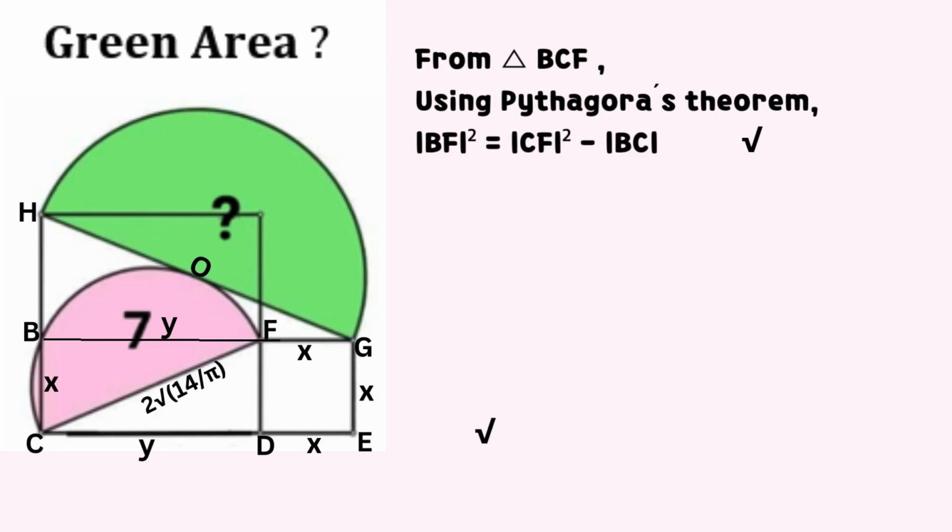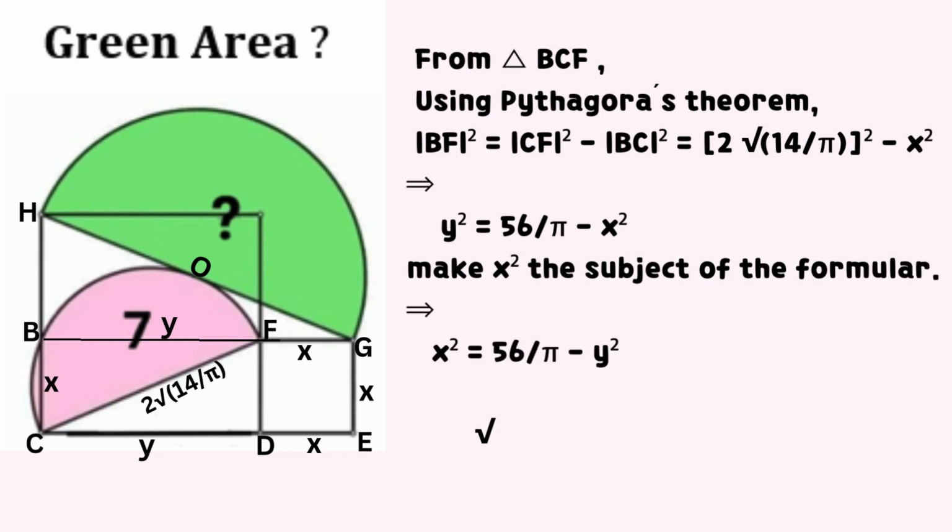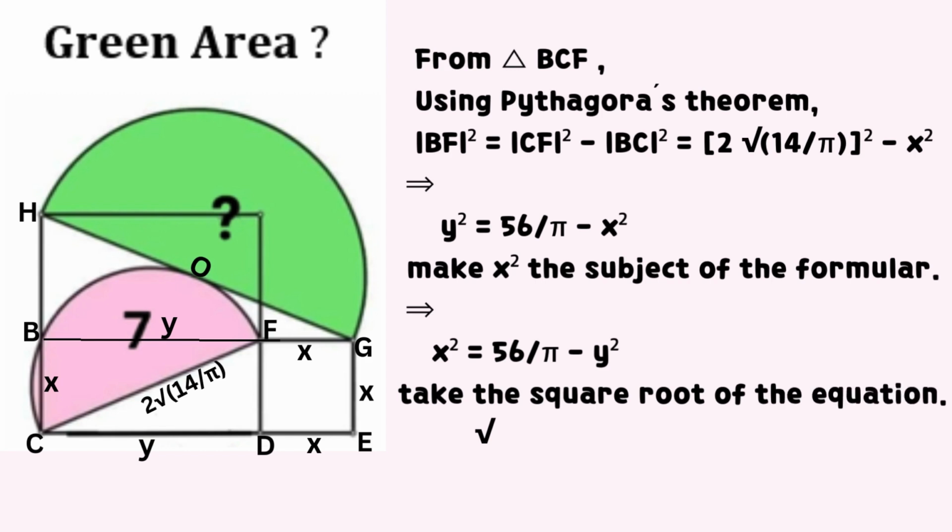From triangle BCF, using Pythagoras theorem, the square of line BF equals the square of line CF minus the square of line BC, which equals the square of 2 times the square root of 14 divided by pi minus the square of x. Simplify and we have that the square of y equals 56 divided by pi minus the square of x.